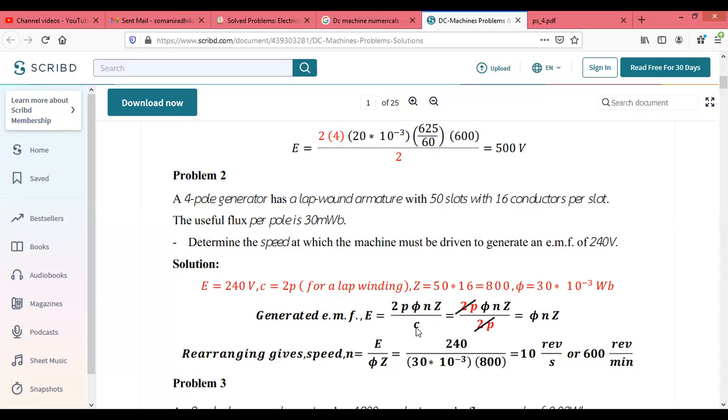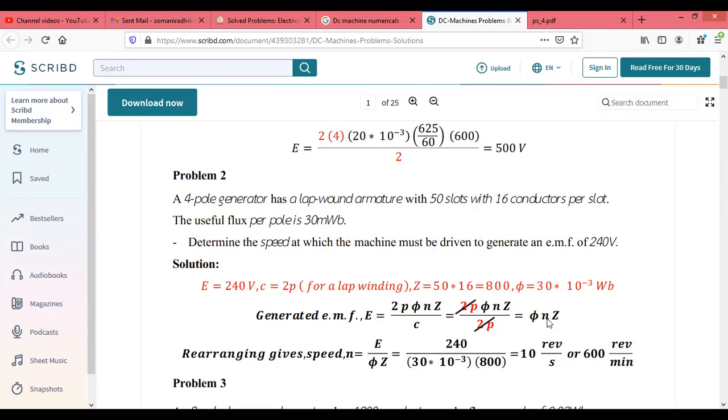And you can take C equal to 2p because they have given a 4 pole generator. So here, if you write C equal to 2p, it gets cancelled. There is no need to write it. You can directly take the E equation in the form of phi and Z.